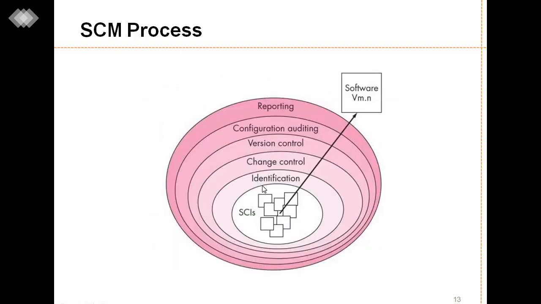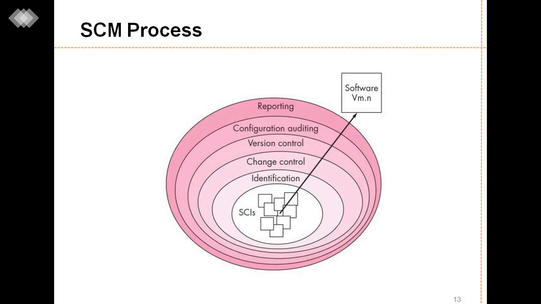Now, SCM processes. The SCM process basically works on SCIs, that is software modules, starting with their identification. If any change is required, then we follow change control, version control, configuration audits, and last is the reporting.